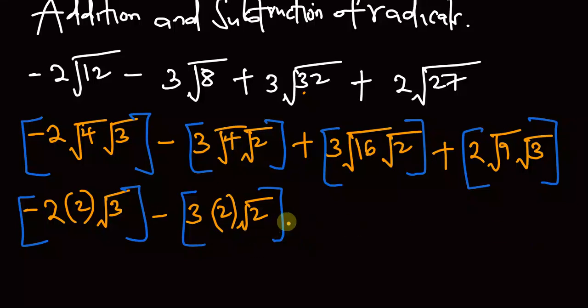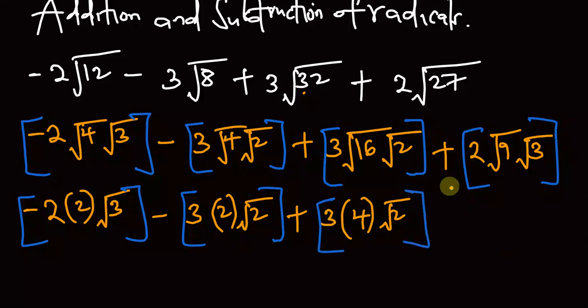The third part is 3. Root of 16 is 4. Then root of 2 remains. Last part plus 2. Root of 9 is 3. Root of 3 remains. That is our last part.